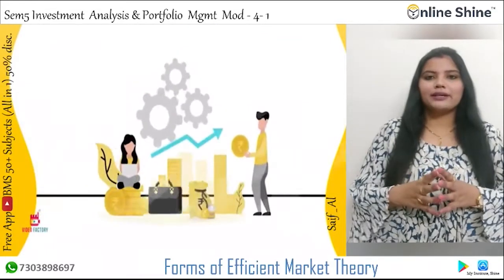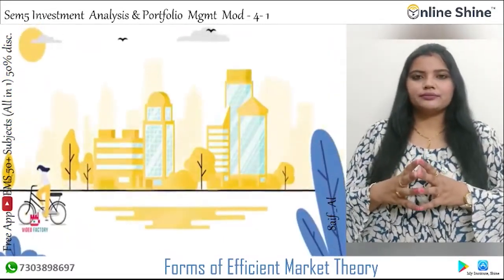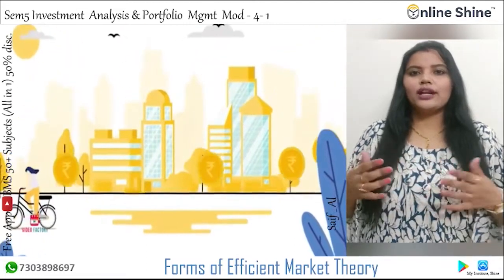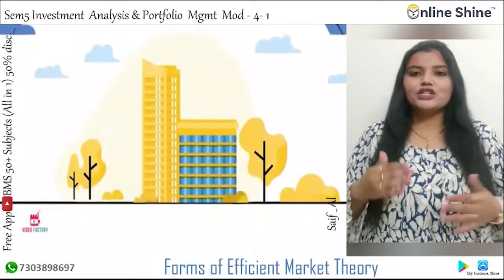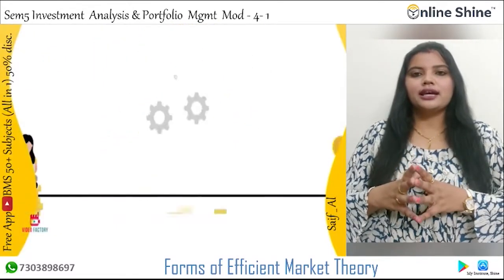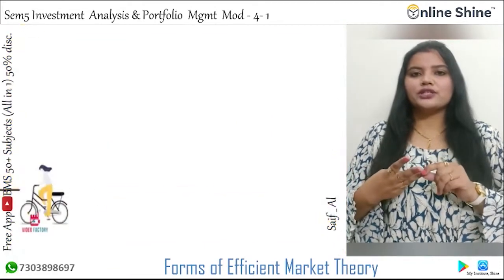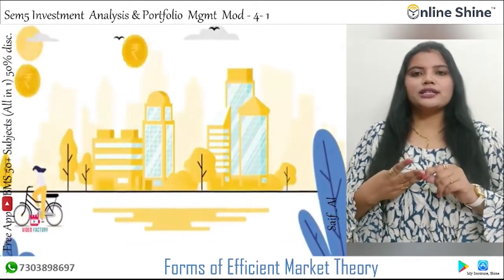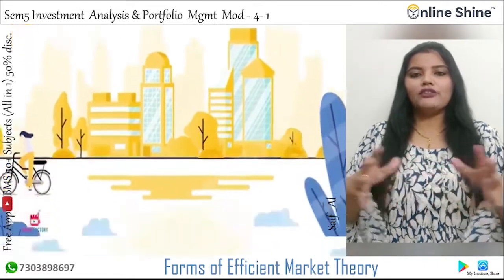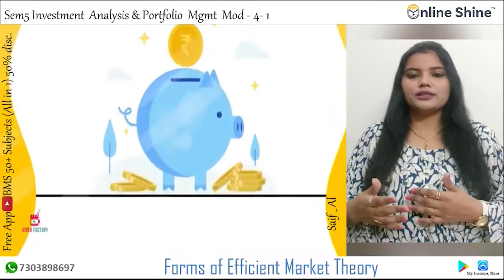Now, next topic is forms of efficient market hypothesis. Eugene Fama suggested that it is useful to distinguish three levels of market efficiency, and they are: first one, weak form efficiency. Weak form efficiency: prices reflect all information found in the record of past prices and volumes.